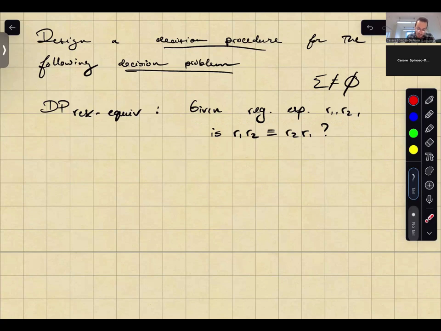for these two particular regular expressions, r1 and r2, that were given, is r1 concat r2 equivalent to r2 concat r1?